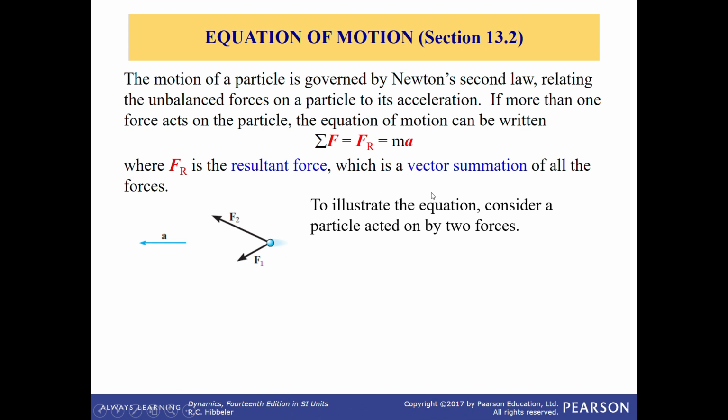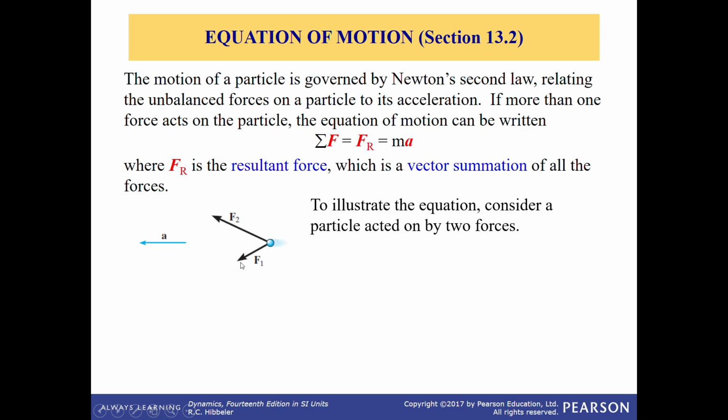Okay, so here we know that Fr is the resultant force, which is a vector summation of all forces. To illustrate this equation, consider a particle acted on by two forces. If we take this blue dot here as a particle, for example, I have two forces, F1 in this direction, and it is shorter than F2 here.